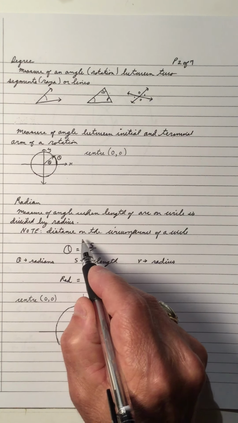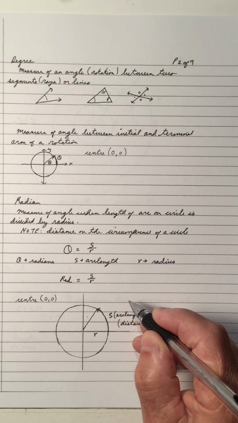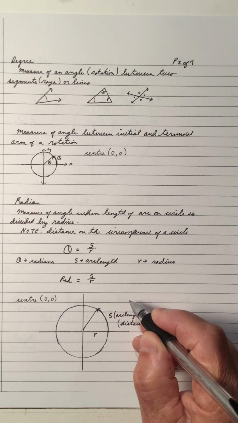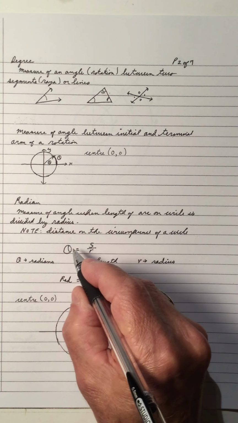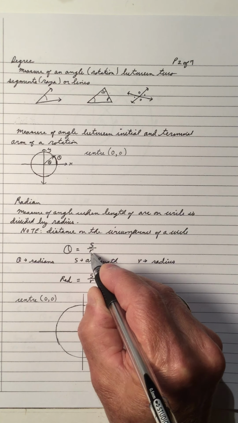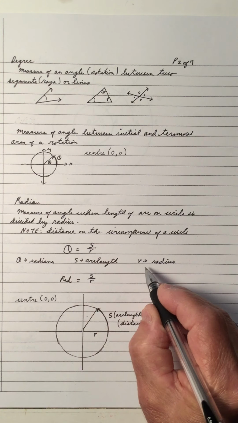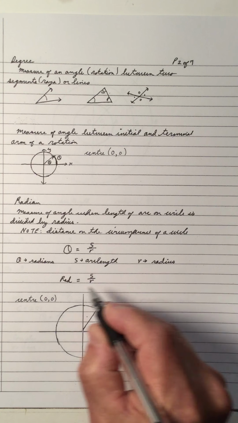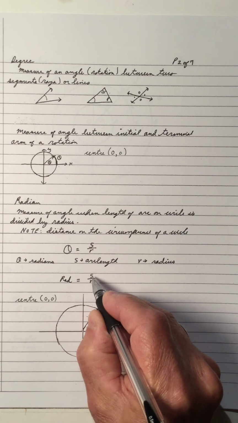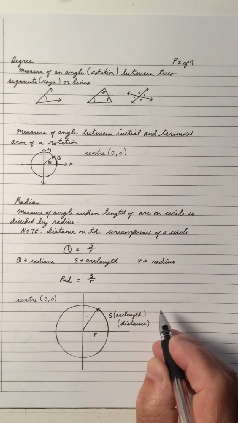It's not the rotation. So theta in radians is the length of the arc divided by the radius, where S is arc length and R is radius.